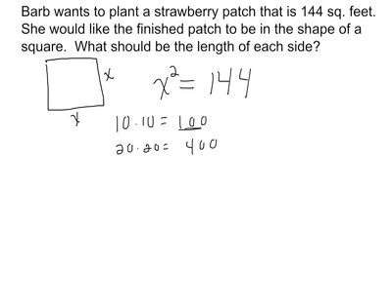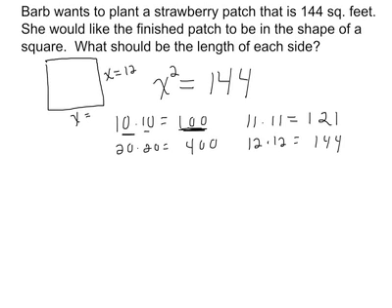So it's going to be closer to the 10 times 10 since it's closer to 144. 11 times 11, the trick there is to split the digits apart and add the 2 in the middle, or if you want to work that out, you can do that. 12 times 12 is going to give you the 144. So each side of the garden should be 12 feet. So 12 by 12.